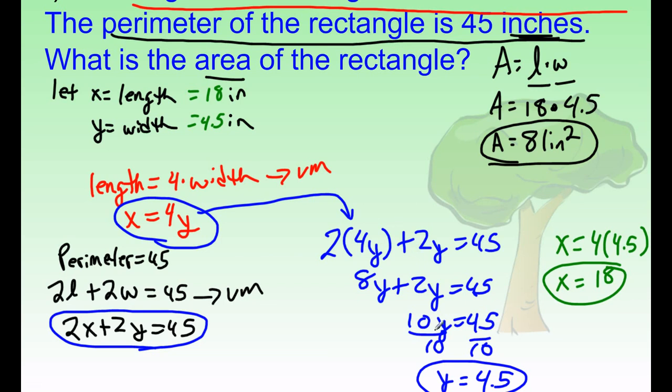So we substituted and solved, found the y value was 4.5, plugged that y value into our little equation to find the x value is 18. That told us that the length is 18, the width is 4.5, and that's the exact piece of information we needed in order to find the area. So we plugged in our length and our width, and the area was 81 inches squared.